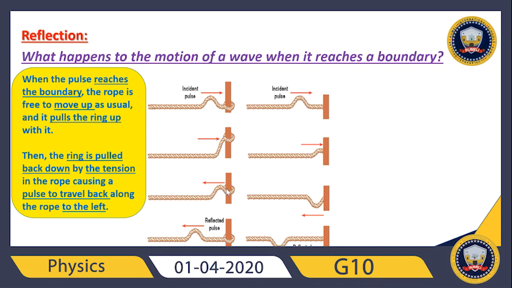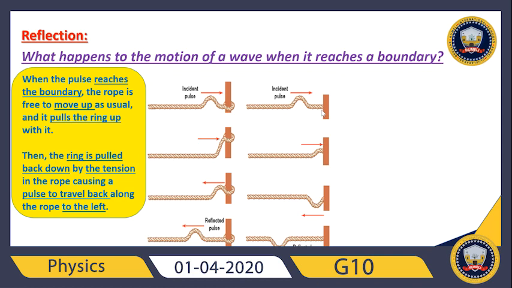By this tension force, the pulse travels back again along the rope to the left. So here the boundary is not fixed, it is a free boundary. So what happens to the pulse or the wave? The wave is only reflected to the left side.